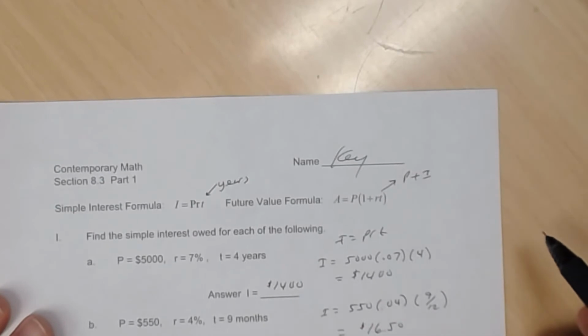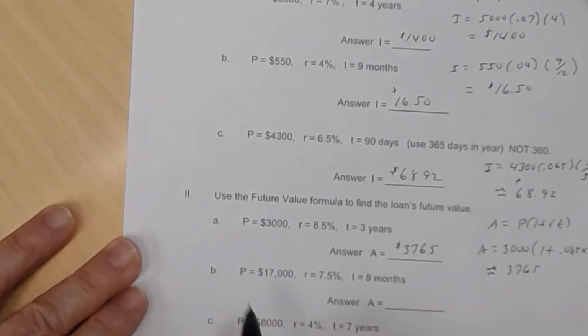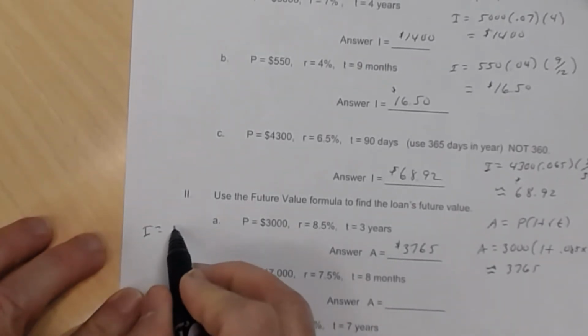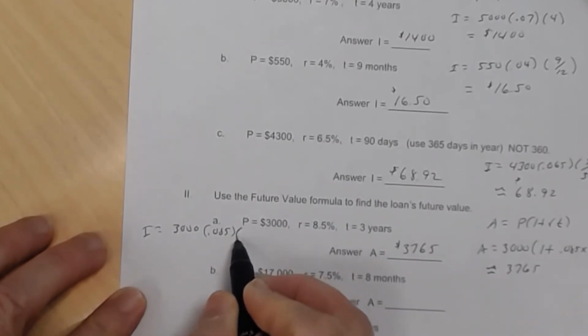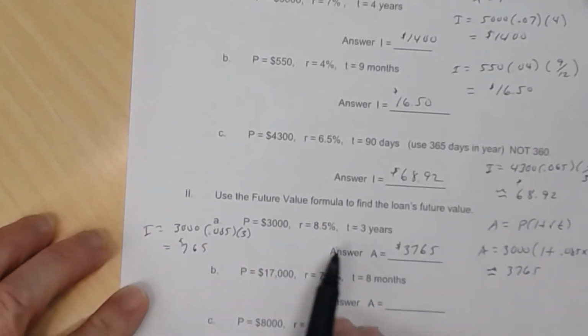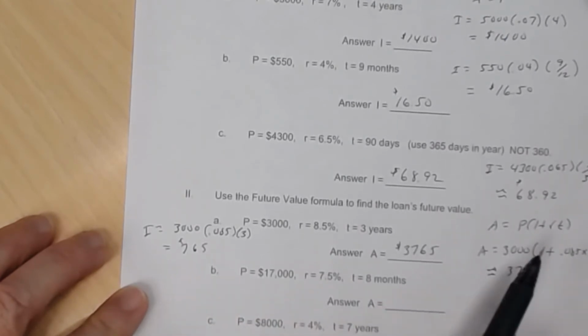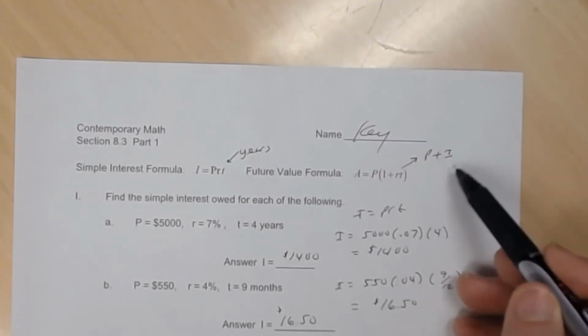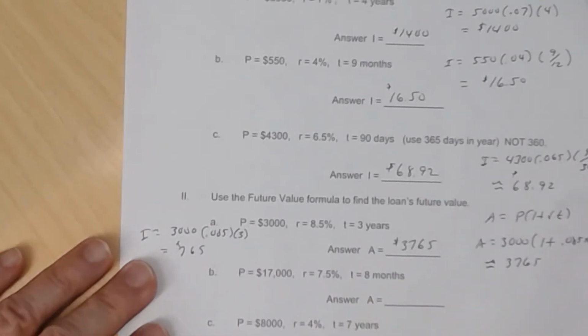So for example, if you were to find the interest on here, just to show you, 3,000 times 0.085 times 3, you're going to get $765. So you see the loan was for $3,000, and the $765 that you see here, that's the interest. So that's what we mean by future value. Future value is the amount you borrowed plus the interest you pay back. Okay, so make sure you understand what future value is.